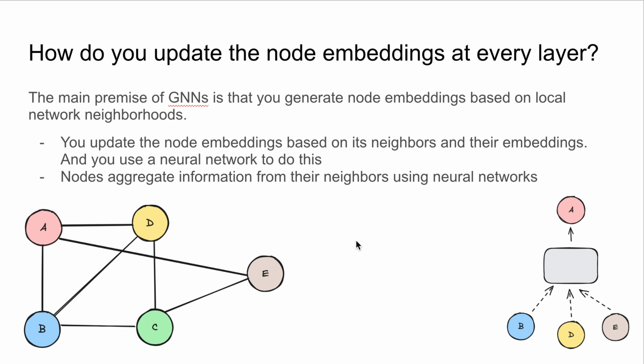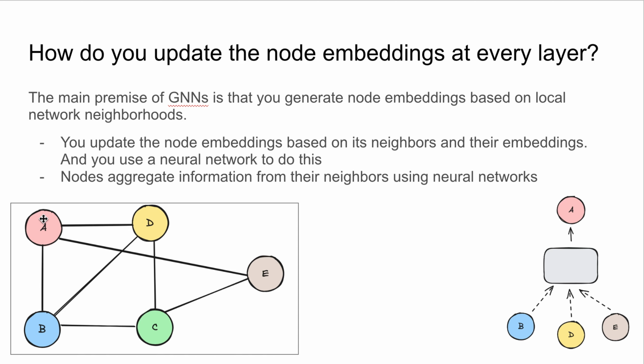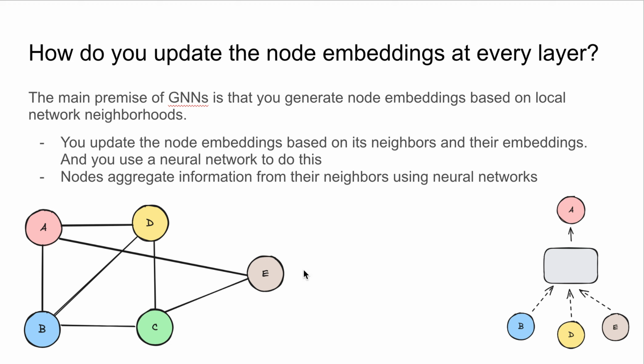If you think about it, one thing you could do is you could take your node of interest, say node A, look at its neighbors, B, D, and E, and somehow aggregate the information from these neighboring nodes, and then transform the aggregated embeddings, and that could be the new representation of your node. So this is what I'm trying to represent here.